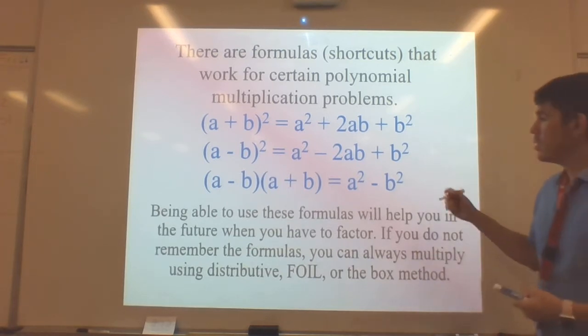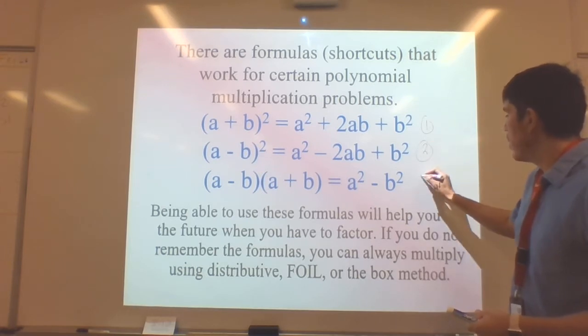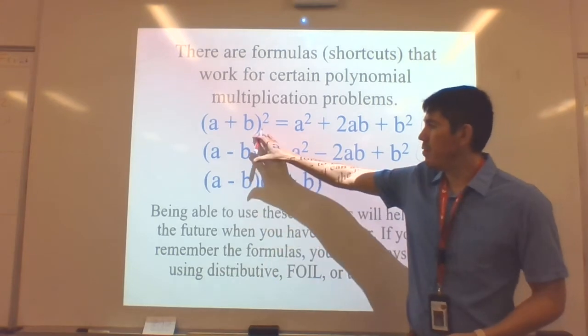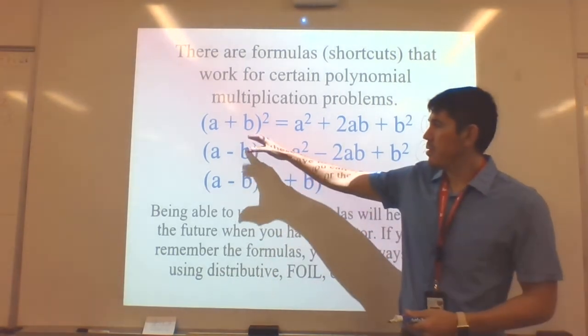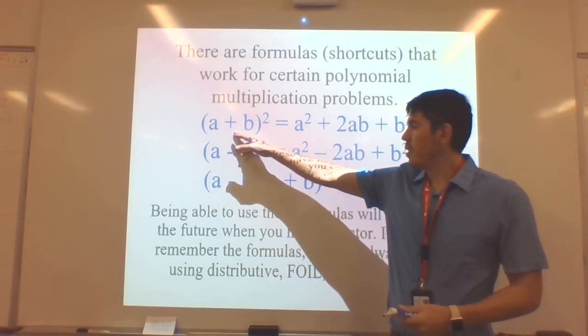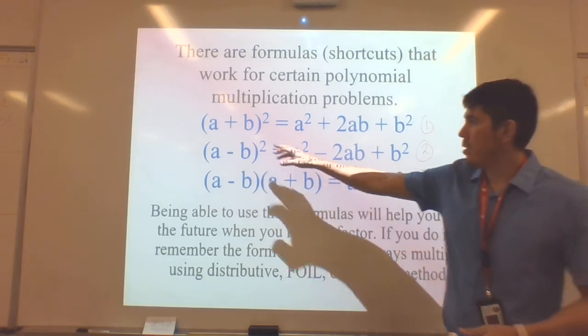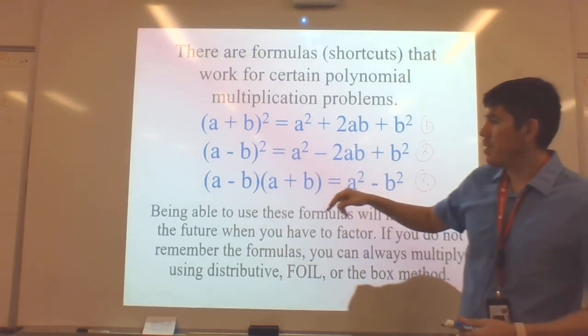So what I recommend doing is, again, 1, 2, and then 3. When you have this right here, the pattern is that if you have the sum of squares, you're always going to get this. So your A is going to be squared, you have 2AB, and then your B squared. Okay? You have a difference of squares.